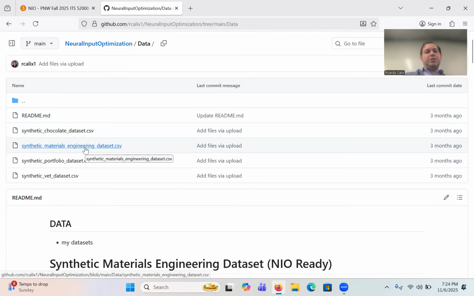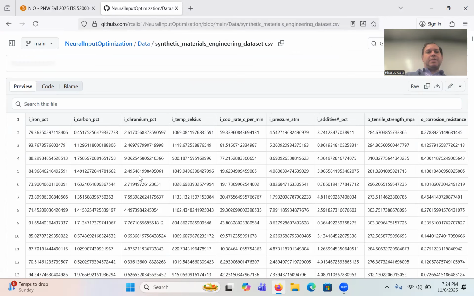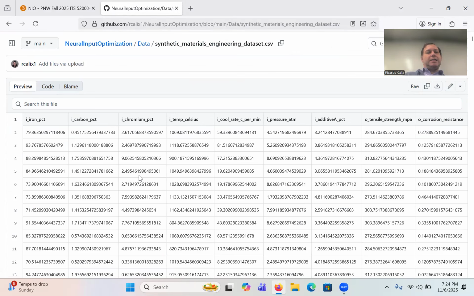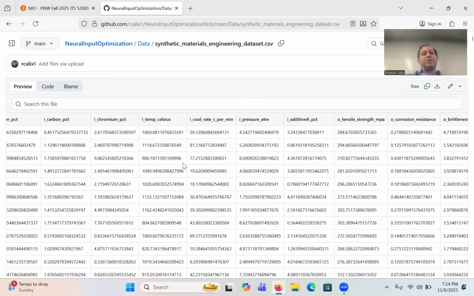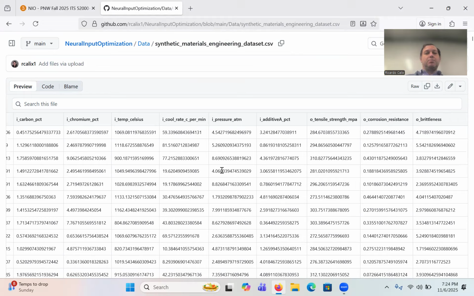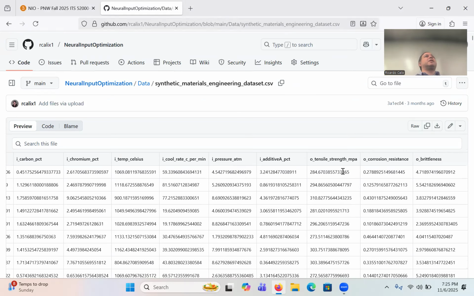synthetic materials engineering data set, same idea. So I've got iron, carbon, chromium, the temperature in Celsius, a cool rate, pressure, some additive that gets added, and what are the outputs given that? Tensile strength, corrosion resistance, brittleness. I've been mentioning this a bit. This data set probably has 5,000 samples.